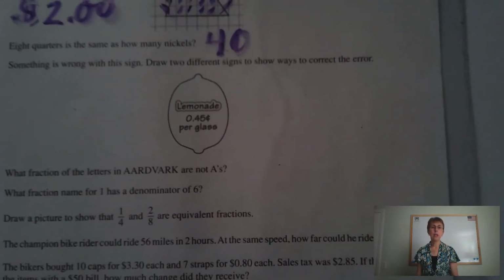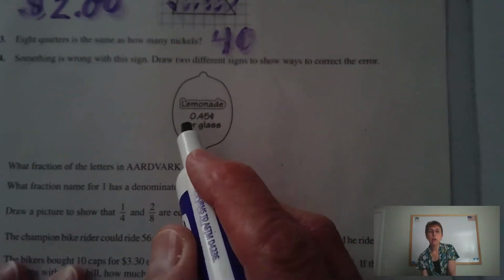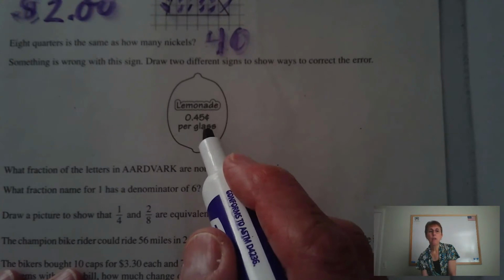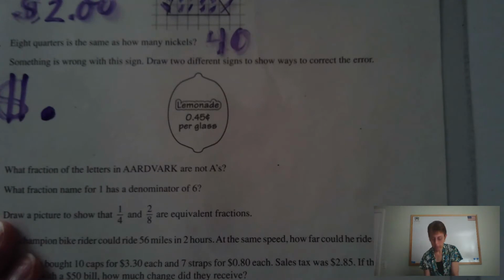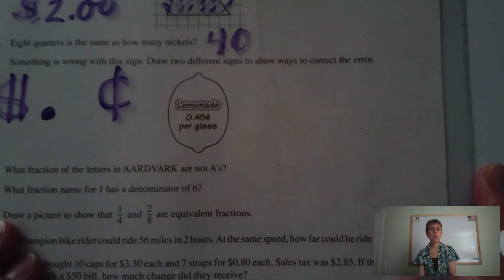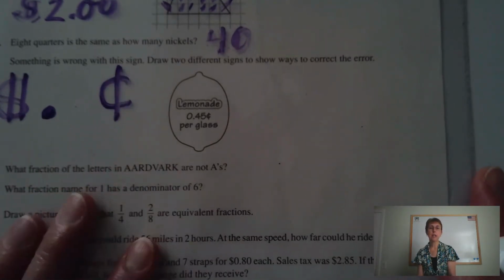When you take a look, you see that you have a 0, decimal point, 45, and then a cent sign. You need to remember that it is the dollar sign and decimal point that work together, and that the cent sign stands alone.